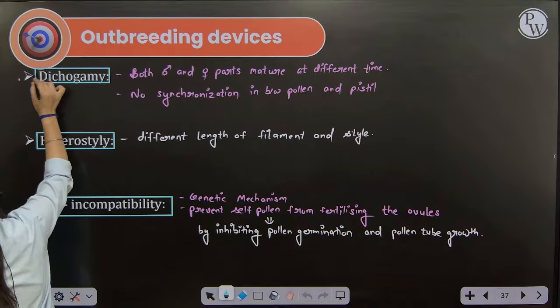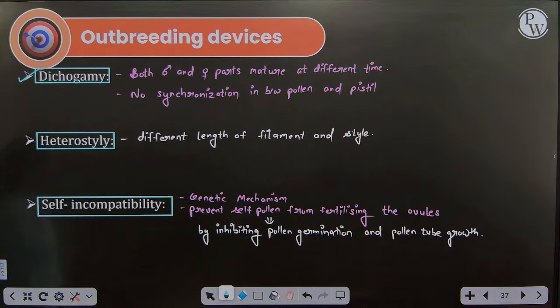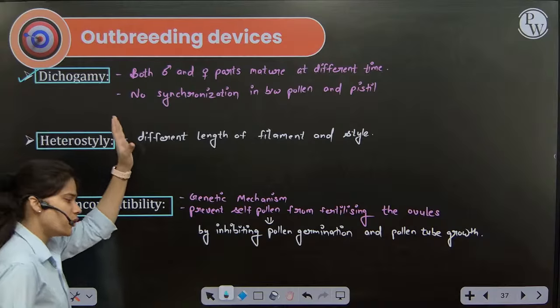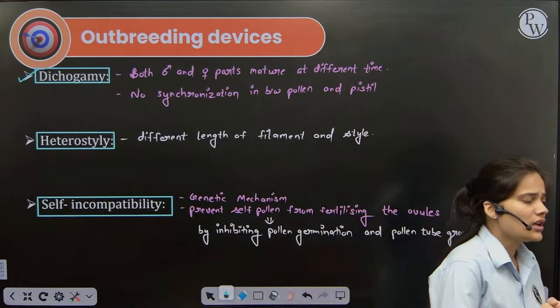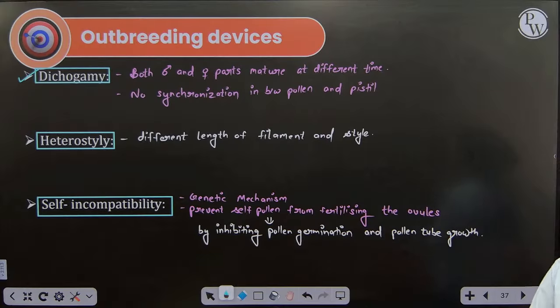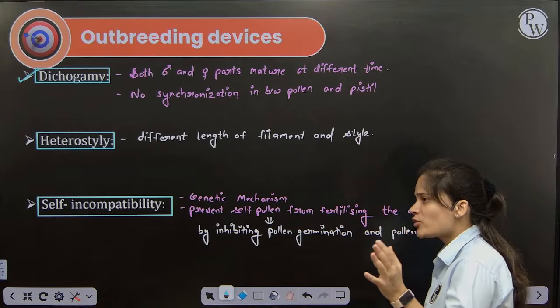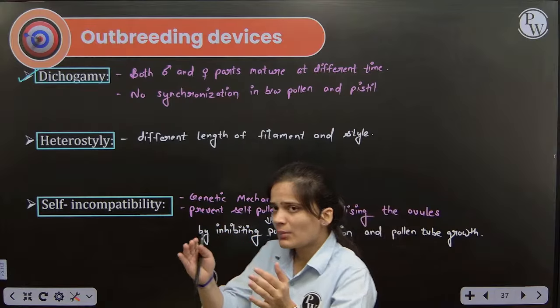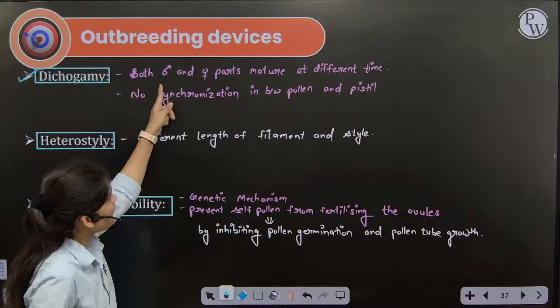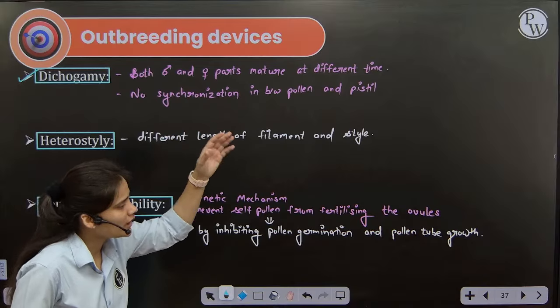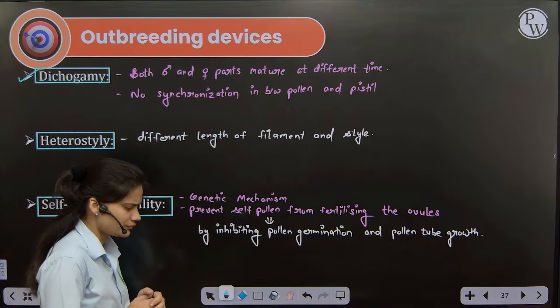What is dichogamy? If both male and female parts are present on the same flower, then how can autogamy be prevented? See, if the male part matures at a different time and the female part matures at a different time, then what happens?